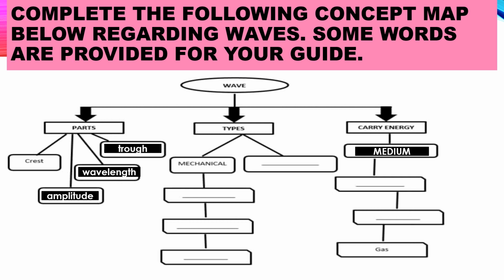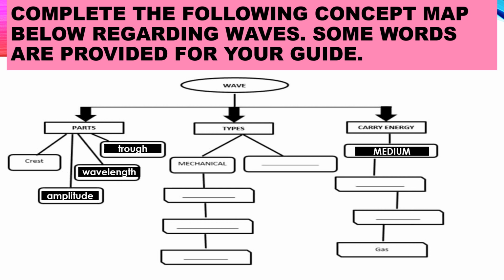When we say wavelength, it is the distance between trough to trough, or crest to crest. Amplitude is the height of the wave. And the crest is the counterpart of the trough. If the trough is the lowest point, si crest naman yung highest point. So these are the different parts of the wave.